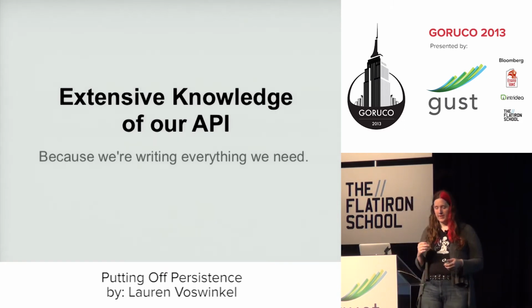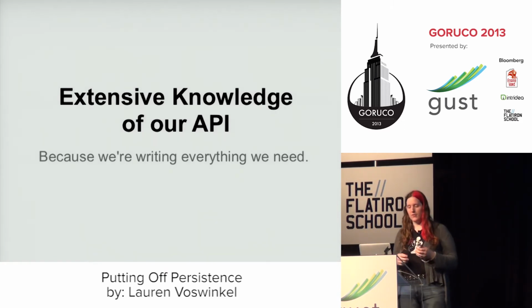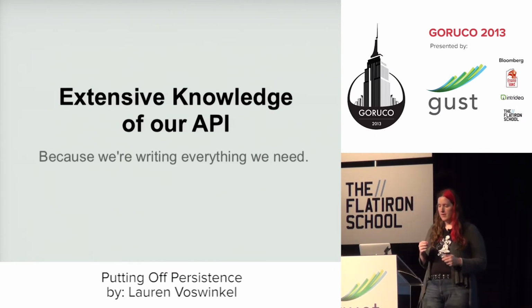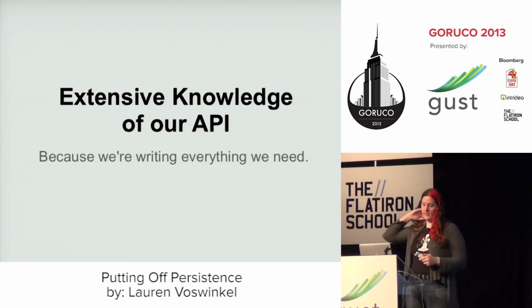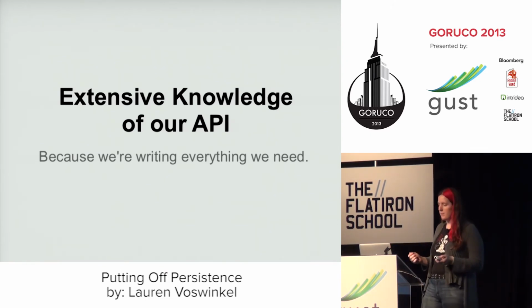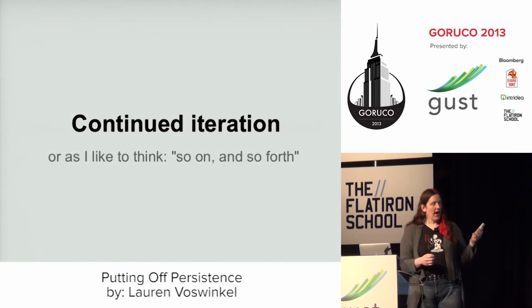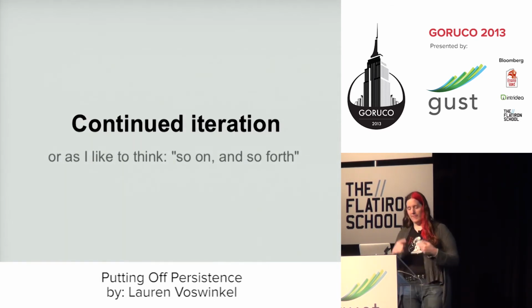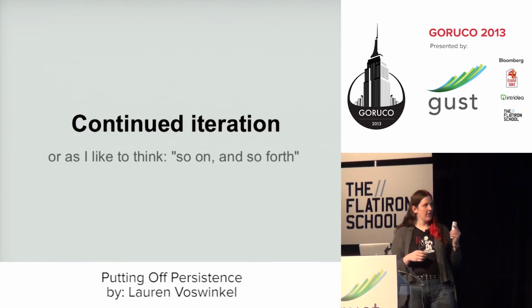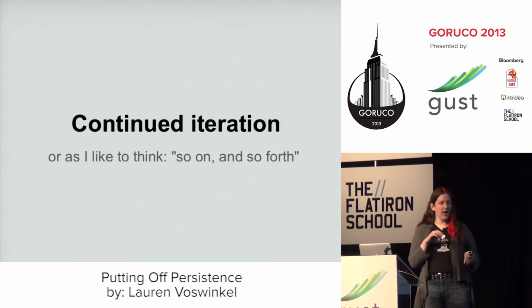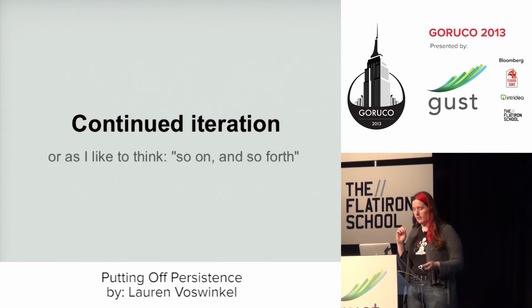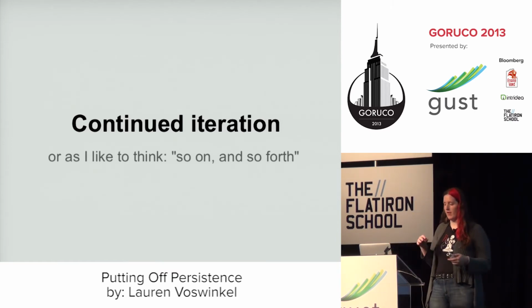What I just mentioned is that this also gives us extensive knowledge of our API because we're writing everything that we need. And this in turn mitigates the surprise when we need to make changes, like I said before. So at this point, in the process that I was going through, I didn't really have any more particular insights on how to create new pieces of the in-memory persistence layer.